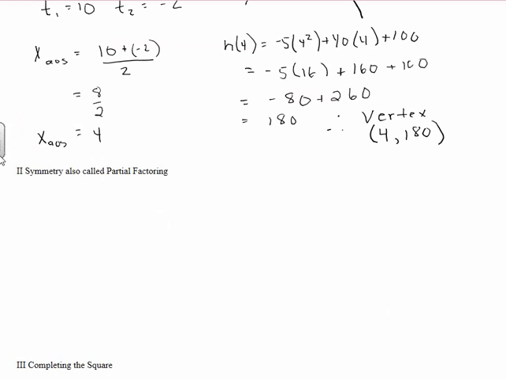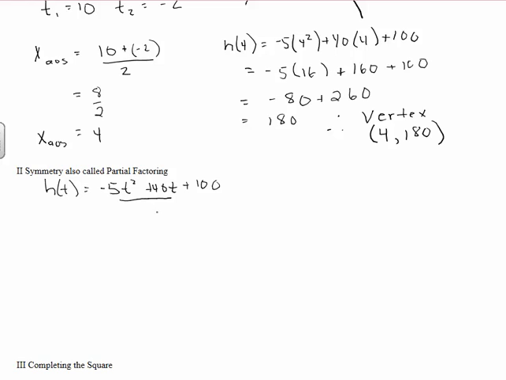So I'm going to continue on using the exact same example, showing you different methods on how to get to the vertex. And of course, all methods should get you to the exact same vertex. The example we did before was negative 5t squared plus 40t plus 100. We can partial factor this, which means a really fast, easy common factor of our first 2 terms, because everything with parabolas is symmetrical.